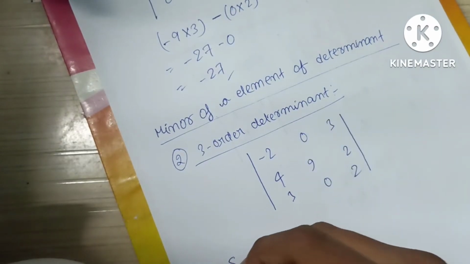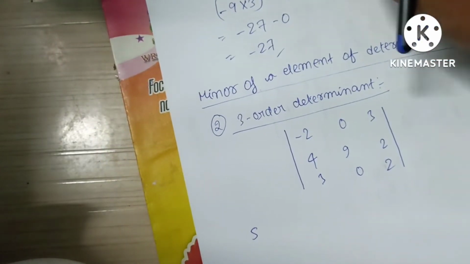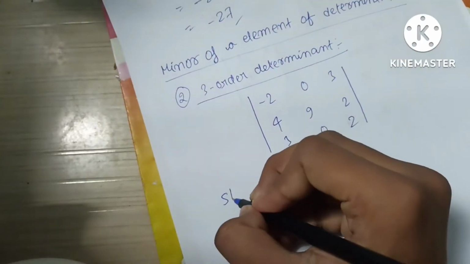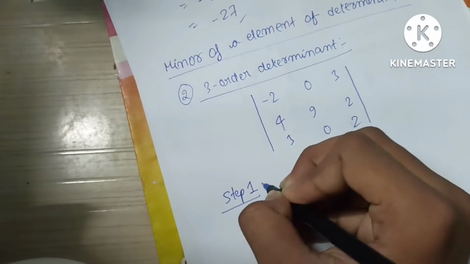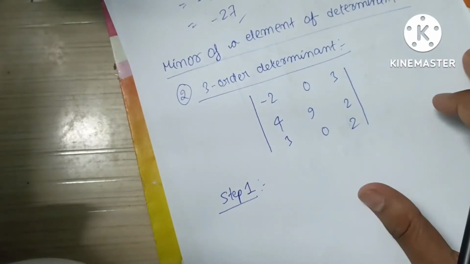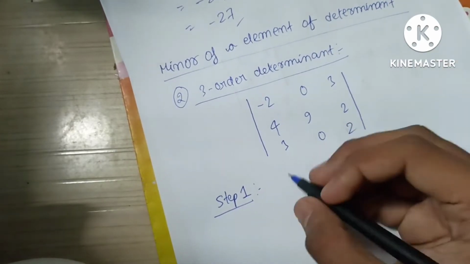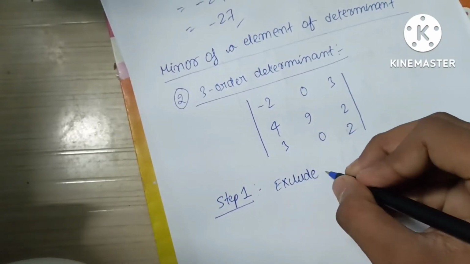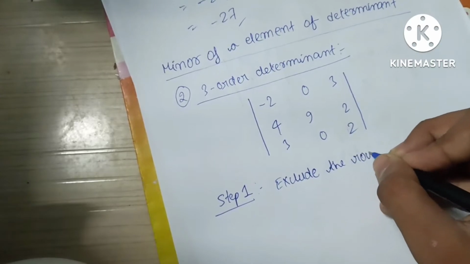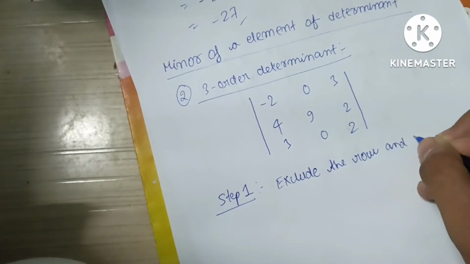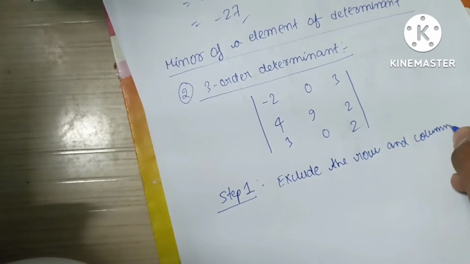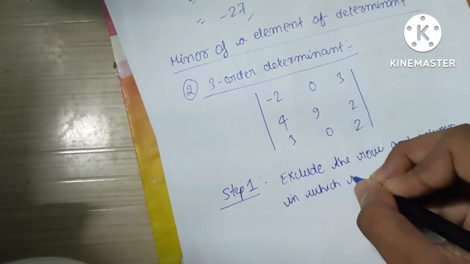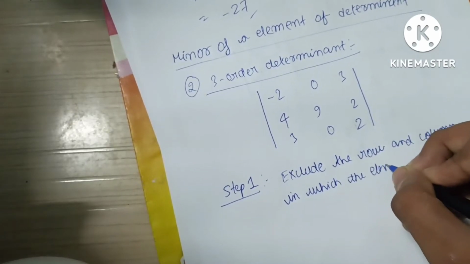So step 1 here is we need to exclude, or we can say eliminate, the row and column in which the element lies.